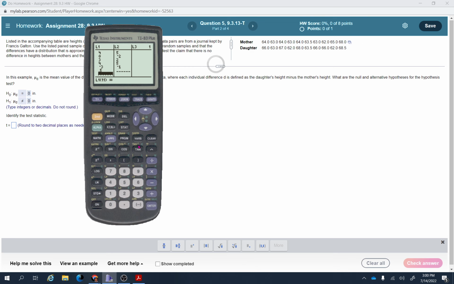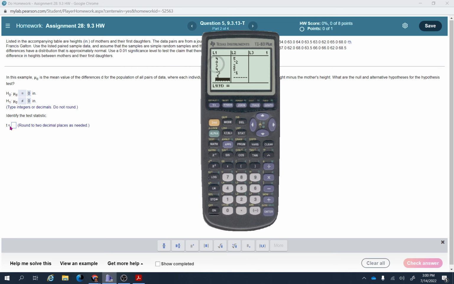L1 is our list. Okay, now to find the value of t, go to STAT one more time, go to TESTS, and there is the T-Test, number 2. Hit number 2. We're using the data, and our data is stored in the L1 list, and the frequency is always 1, and mu, which is mu d, is not equal to this value.